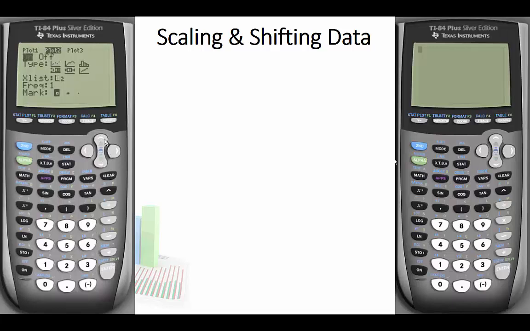So now go to plot 3, turn that on, and get the outliers, and then make sure that's list 3.